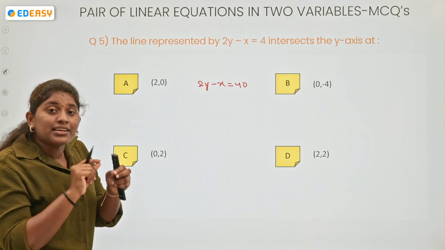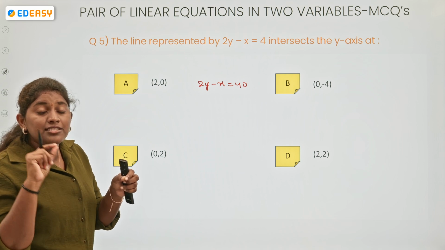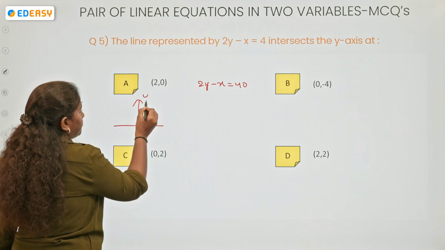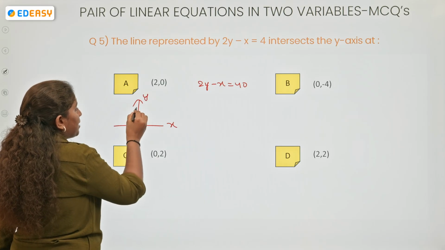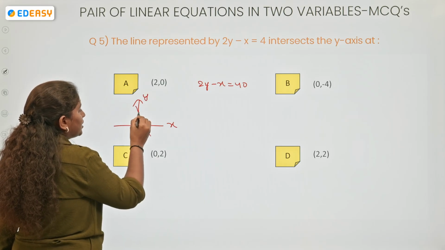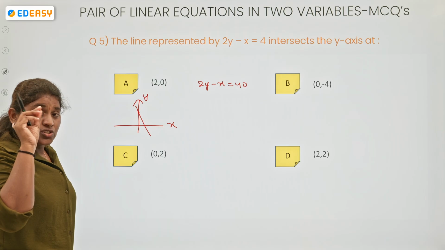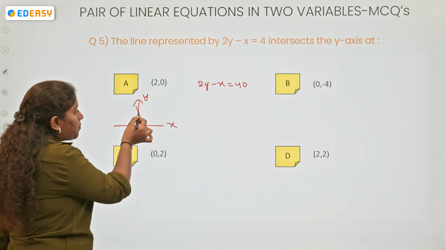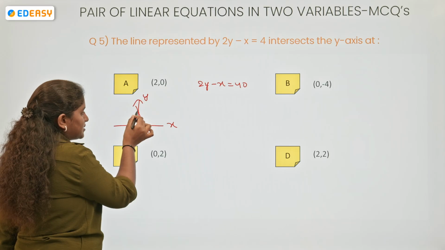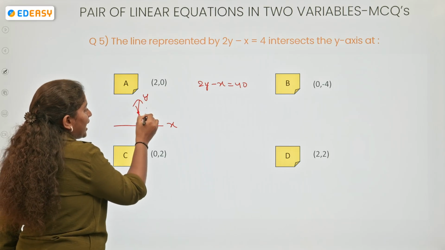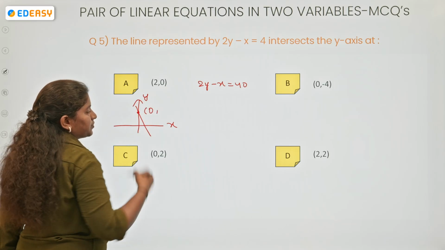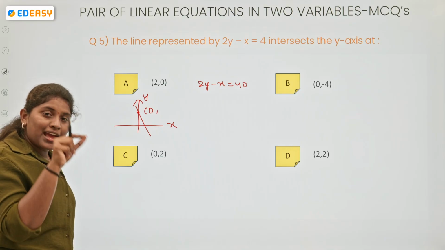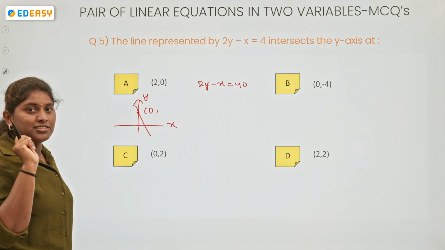Intersecting the y-axis means it is going to meet the y-axis. So for a point on my y-axis, I have my x coordinate as 0.